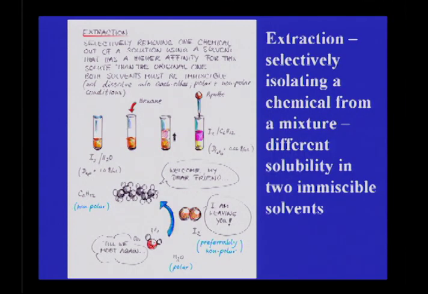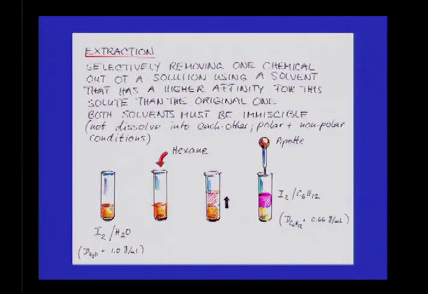Another important technique is extraction, and I will show you the mechanisms of this process and then illustrate that with a lab video. Extraction means that we selectively remove a chemical that is preferably soluble in one solvent, which has to be immiscible with the original solvent. So that means we will see a phase difference.